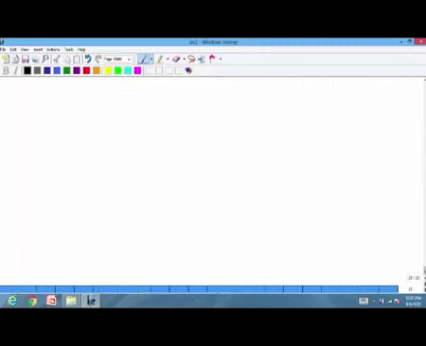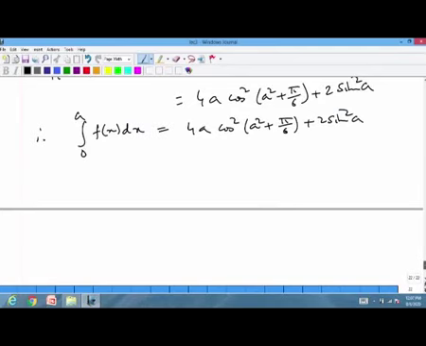and we have to find the value of f of 0. So, we can differentiate this with respect to a.